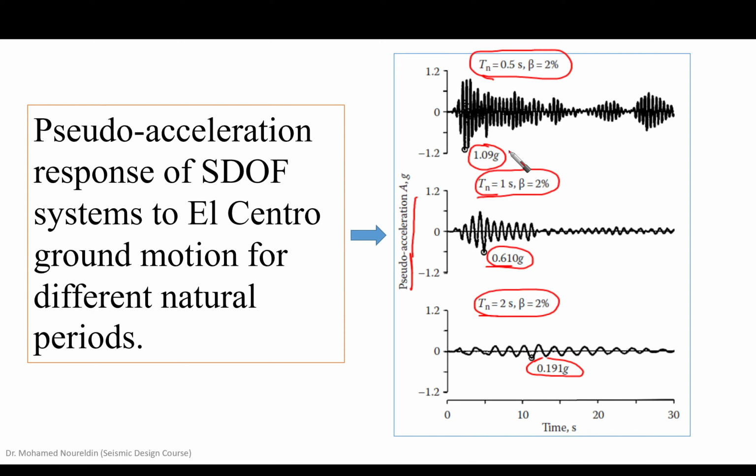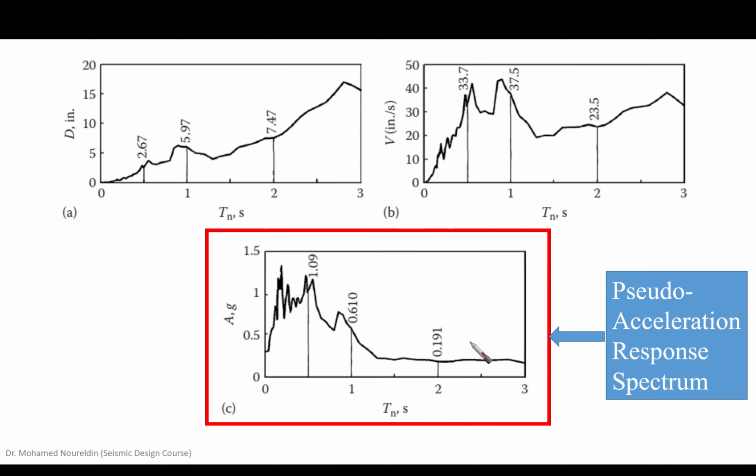So we have the values here. This is the maximum here, this is the maximum here, and this is the maximum here. Okay? Then we can plot them. So the first value, which is 0.5 here, is 1.09 as we explained.